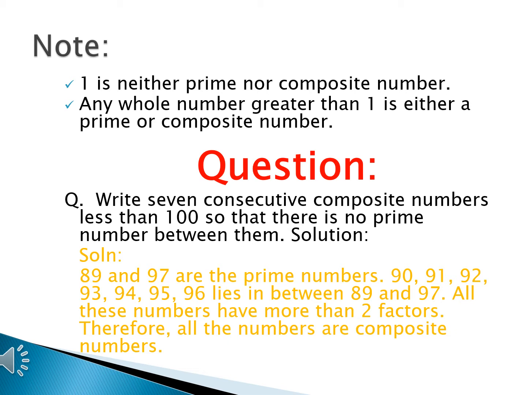If you try to write such numbers, you will see that 89 and 97 are prime numbers. 90, 91, 92, 93, 94, 95, 96 lie between 89 and 97. All these numbers have more than two factors. Therefore, all these numbers are consecutive composite numbers.